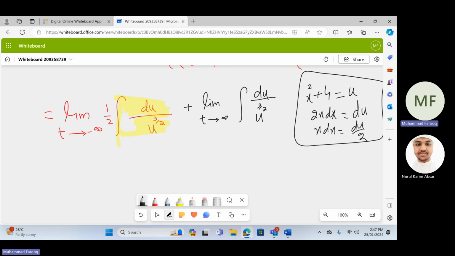Its answer is u to the power minus half. When you divide, it becomes negative, you take it down, so it becomes 2 over positive u to the power half. What is u basically? x squared plus 4. So at the end, you get 1 over the square root of x squared plus 4. Do you understand what I did here, please?